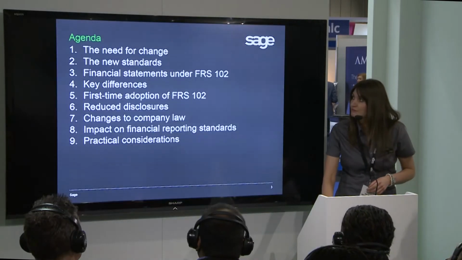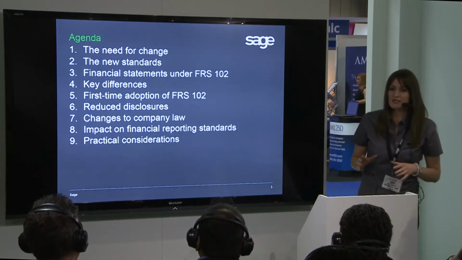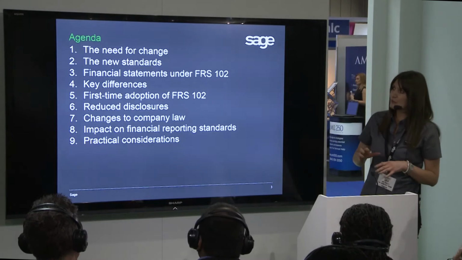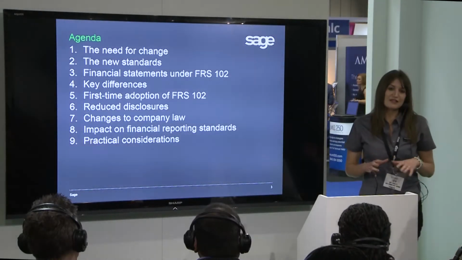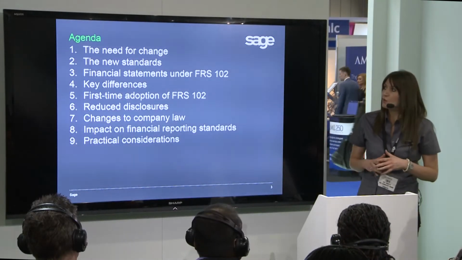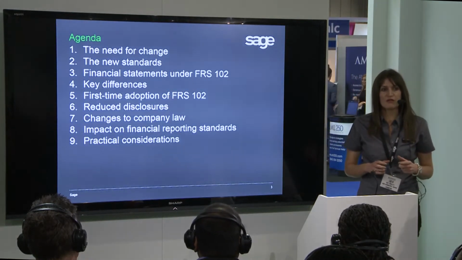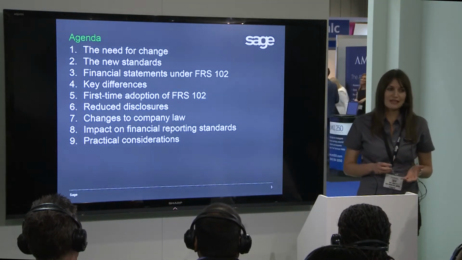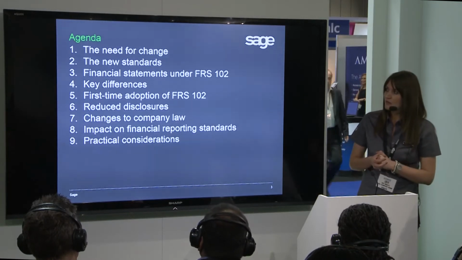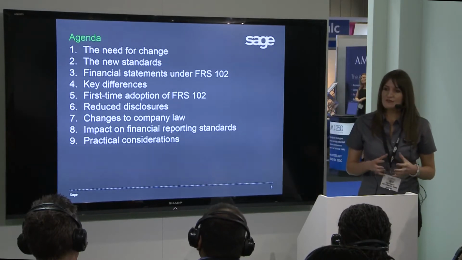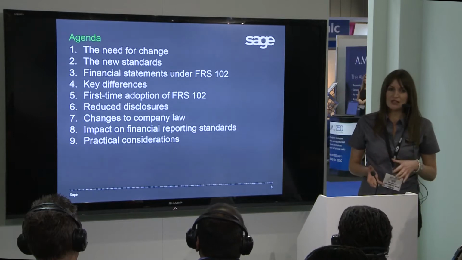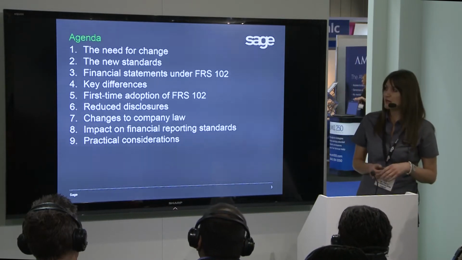happening. So I was basically just going to give a bit of an overview of why everything's changed, what the new standards are, and then what your accounts are going to look like under FRS 102, what some of the key differences are, and what you need to do in that first year when you're transitioning over to the new accounting framework.